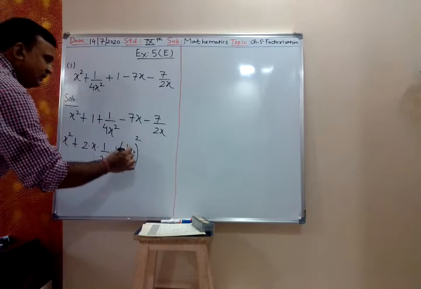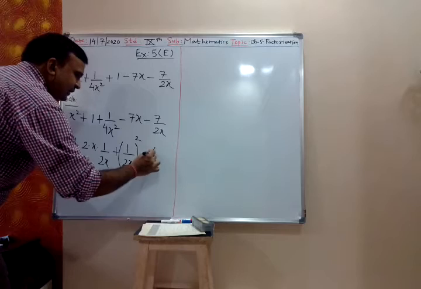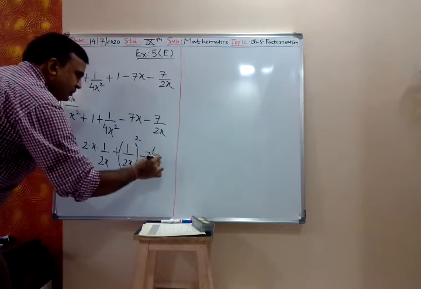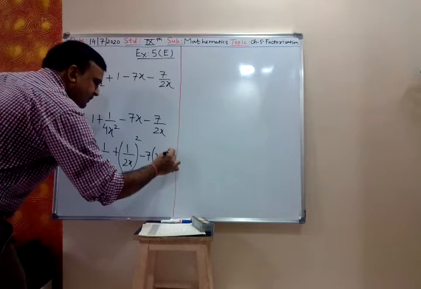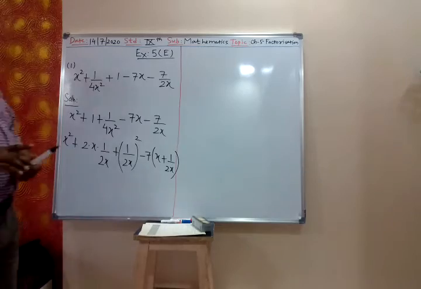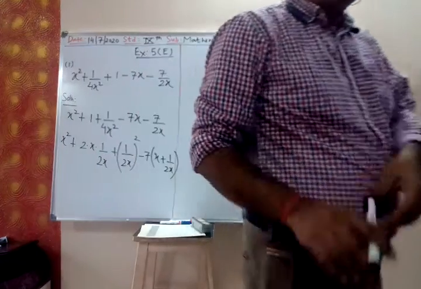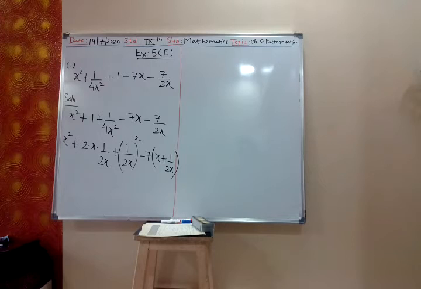Then from these two I will take 7 common, minus 7 common. Then it is x minus, I have taken common, so inside bracket it will be plus 1 upon 2x. Minus 7x and minus 7 upon 2x, I will take minus 7 common.